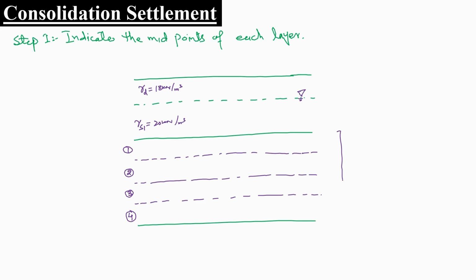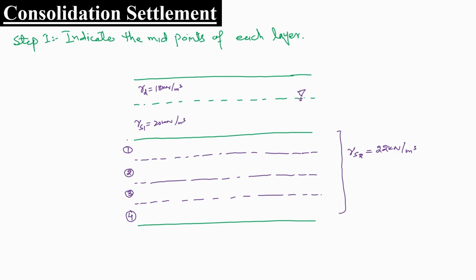And this whole clay has a saturated unit weight, gamma saturated 2, of 22 kilonewtons per meter cube. Just write these values only. Go step by step, you will understand everything clearly. This question will become easy.